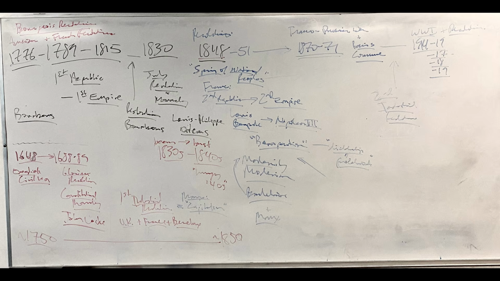They have a liberal constitution in the Second Republic where you can only have a one-term presidency. So at the end of his presidency, he has a coup d'etat and he installs himself as emperor, establishes the Second Empire. And he does so in order to defend the revolution and promote the revolution.